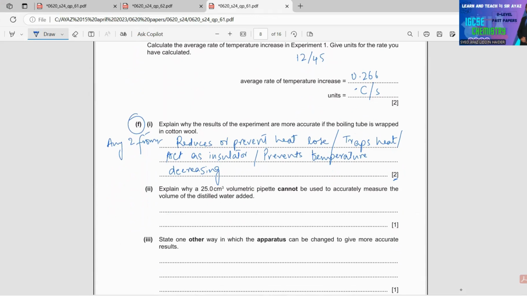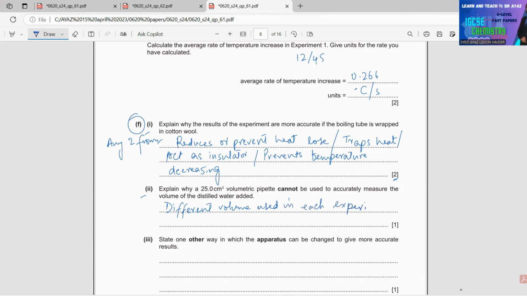Number 2, explain why a 25 centimeter cube volumetric pipette cannot be used to accurately measure the volume of the distilled water added. So we are using different volume in each experiment. Different volume used in each experiment.